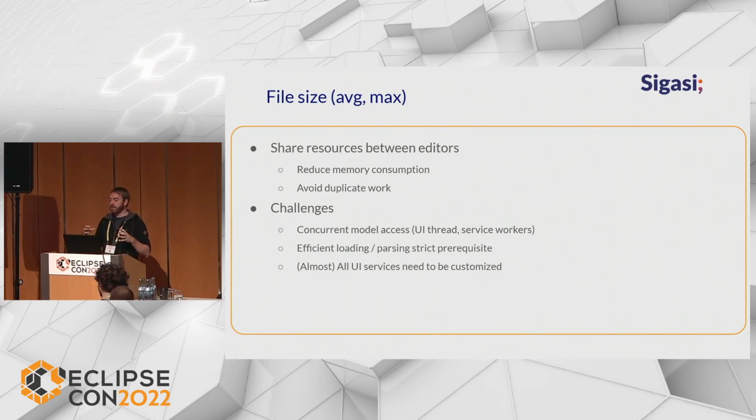What we built is a builder similar to the regular Xtext builder that runs behind the editors. And if you go the full async approach, we actually had to modify all UI services.